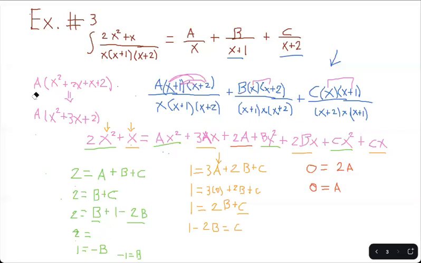So let's rewrite this one so I can see it better. So 1 minus b. That's essentially what's going on.